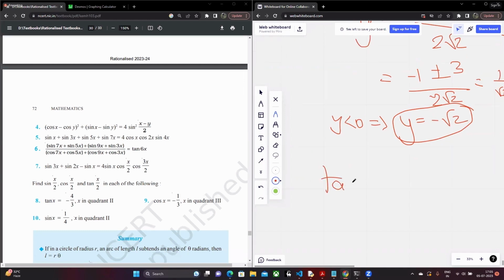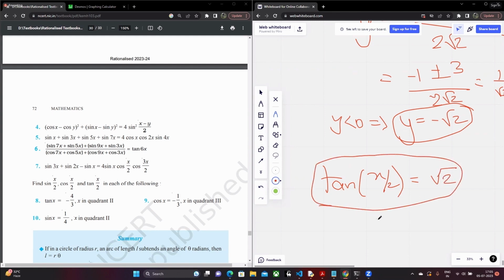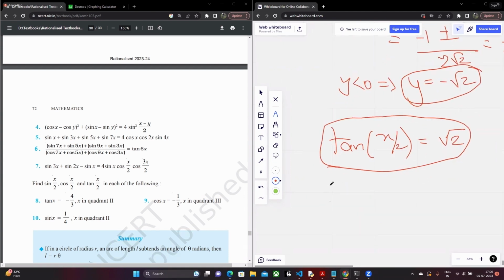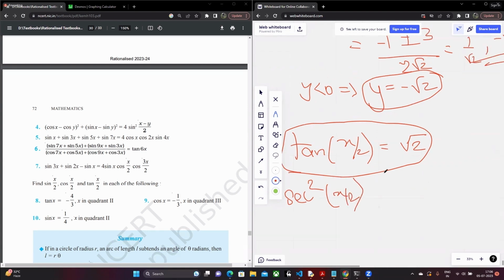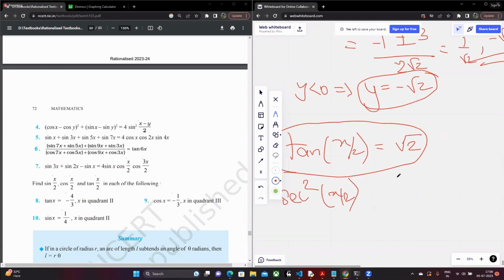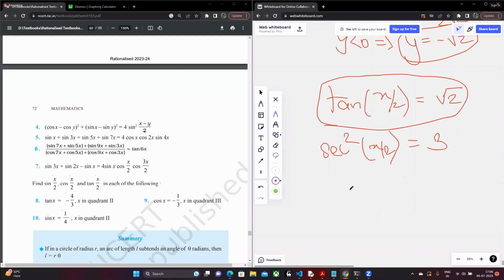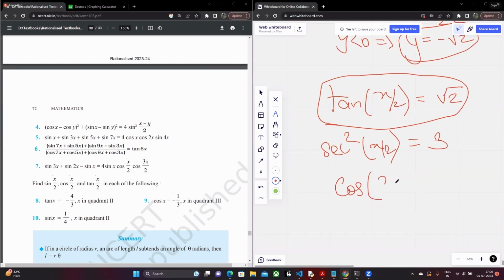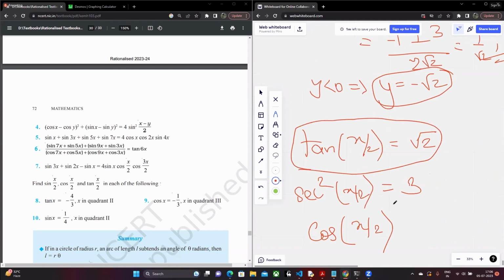So you have the fact that tan of x by 2 is going to be, right, which means that secant squared x by 2 is going to be 1 plus tan square, that is 3. Right?